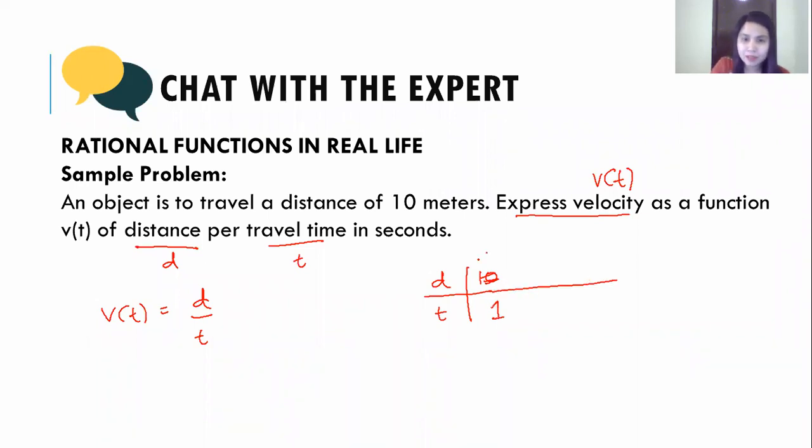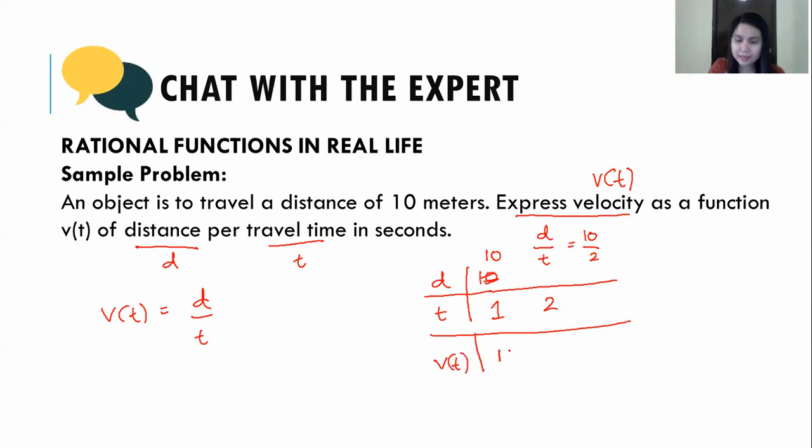then, wait first. That's only 10 for the distance. But if we travel for 2 seconds, then let's have distance over time. That's 10 divided by 2. So our velocity will be 10 divided by 2.